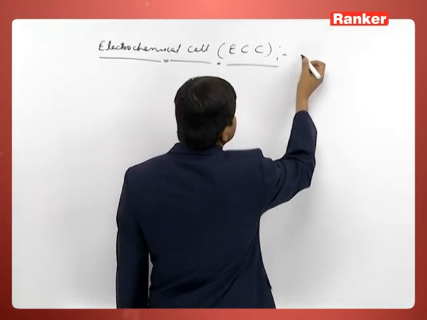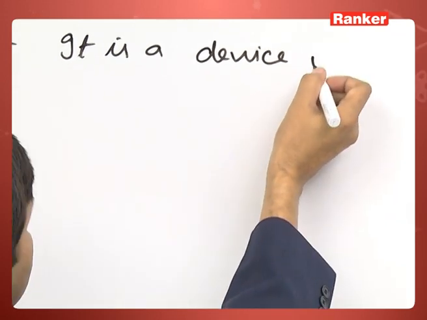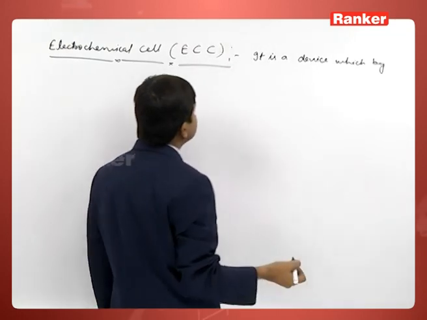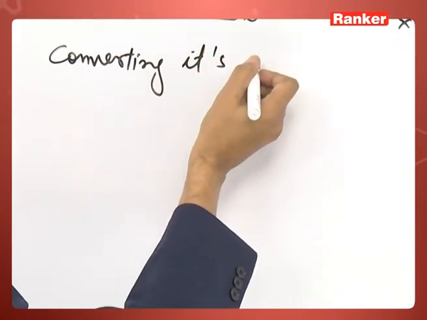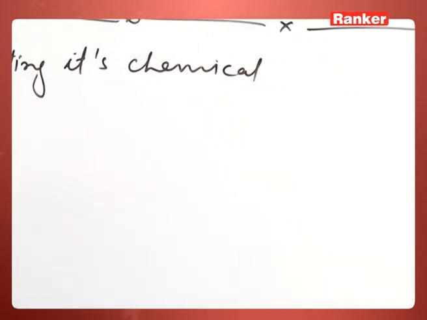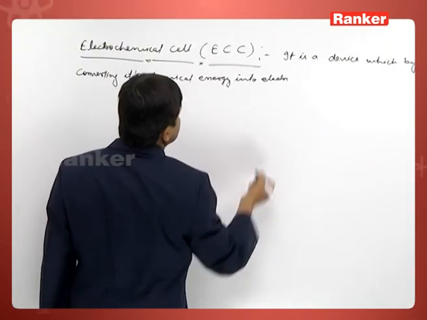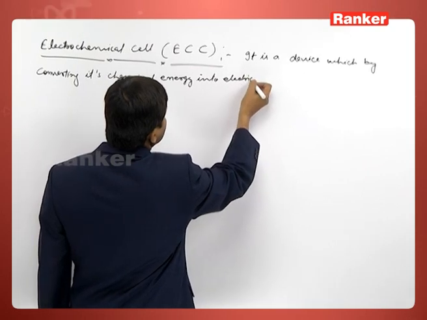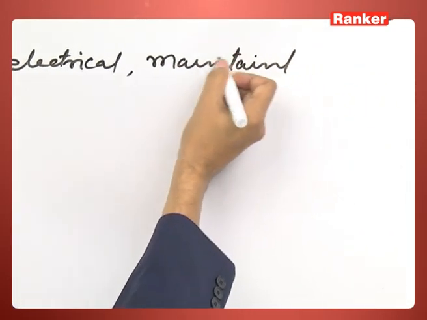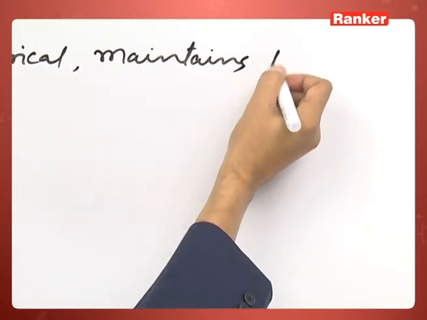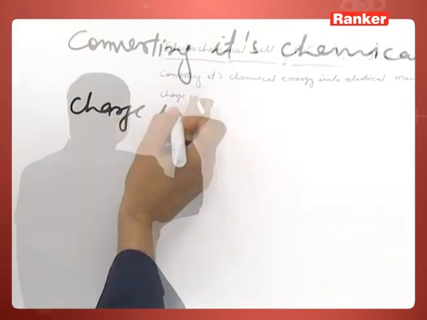So we can define it like this: it is a device which, by converting its chemical energy into electrical energy, maintains the flow of charge in a circuit.